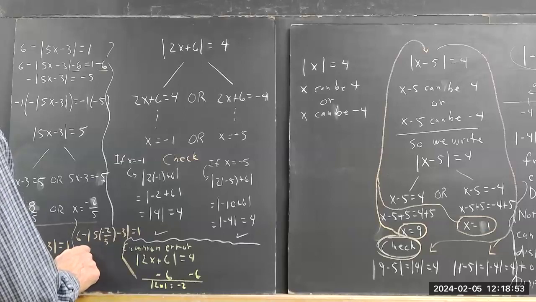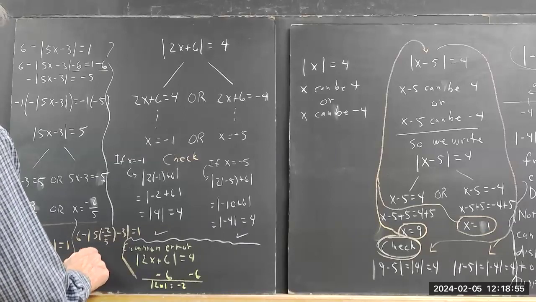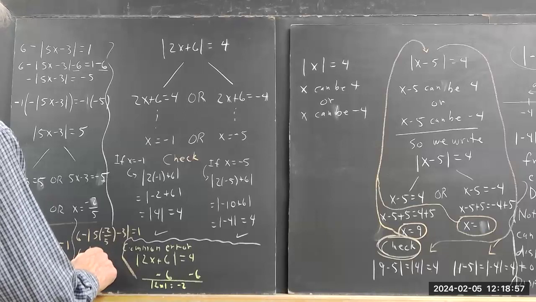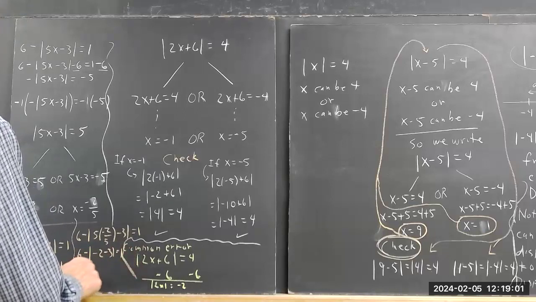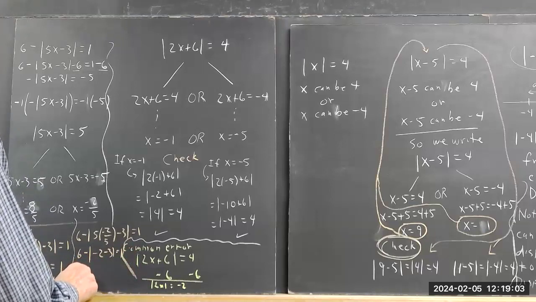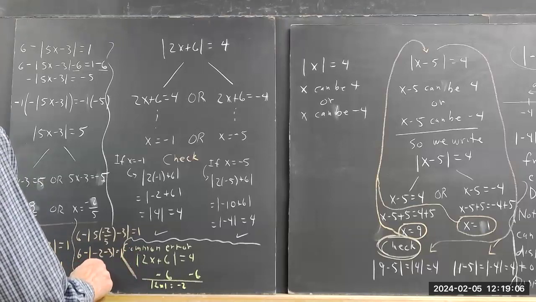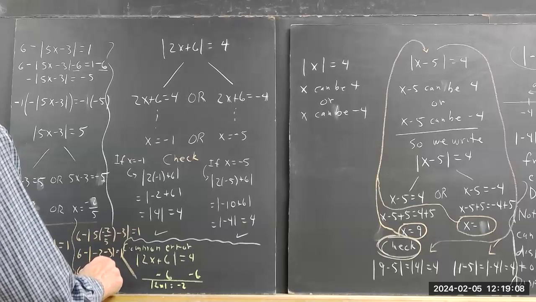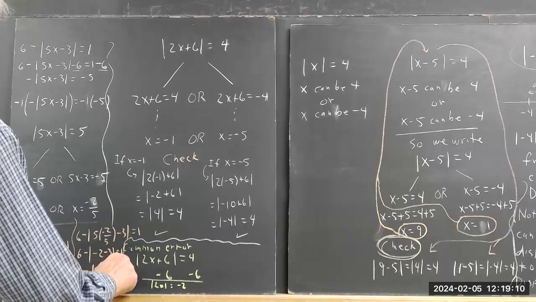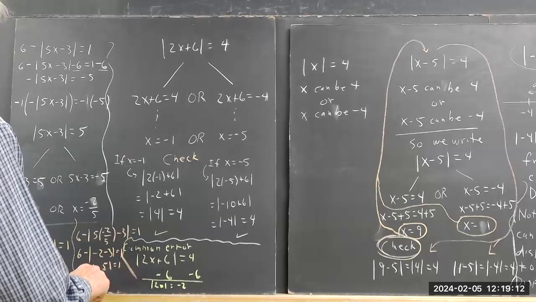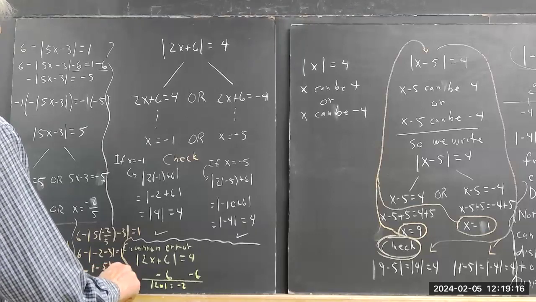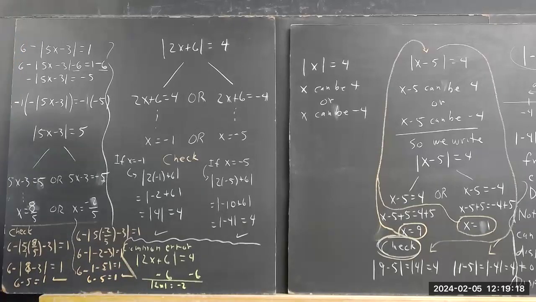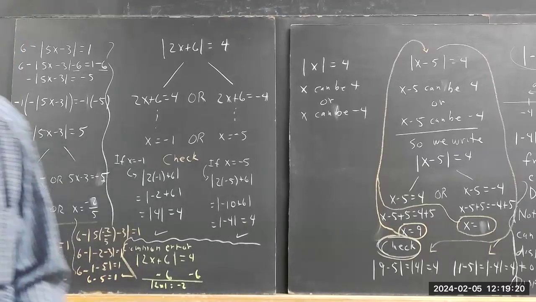And that's going to give me 6 minus the absolute value of -2 minus 3 equals 1. 6 minus absolute value of -5 equals 1. So that's 6 minus 5 equals 1. And that also checks. So you plug it in and work it out.